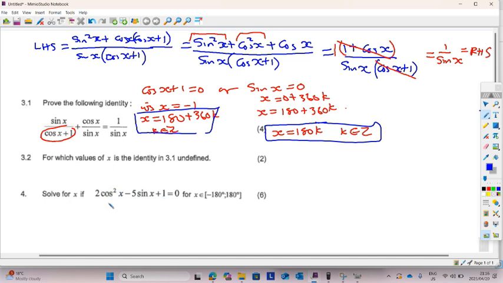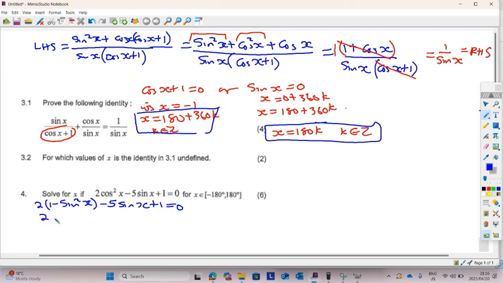This looks like a trinomial, but we have two different ratios there. We need to substitute and get rid of one of the ratios so that we have uniformity. This can be replaced with 1 minus sine x squared, and then we have minus 5 sine x plus 1 equals 0.